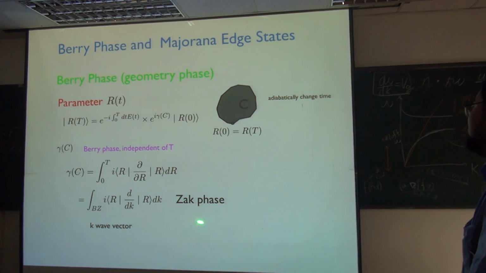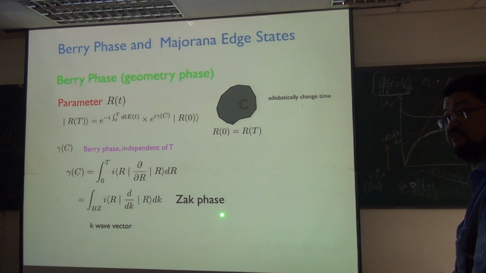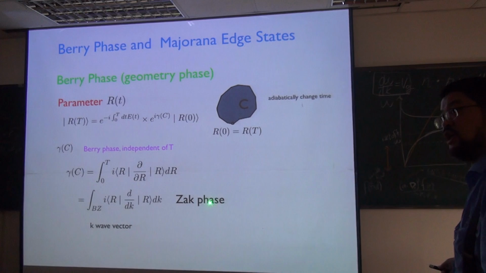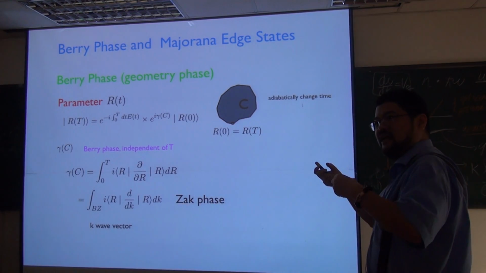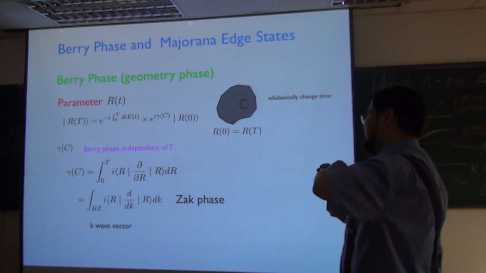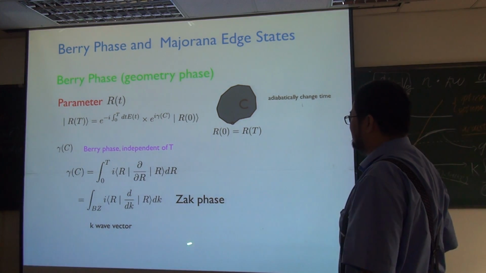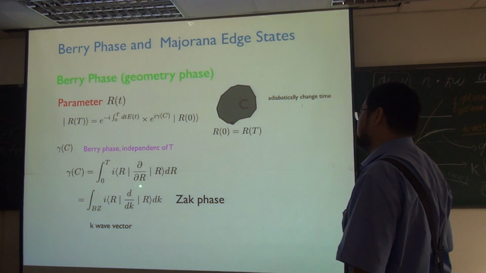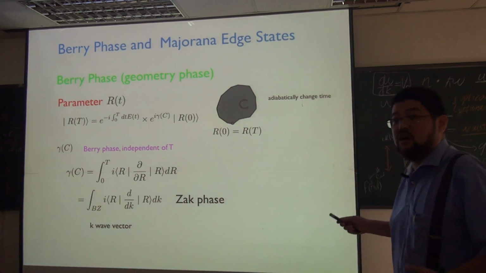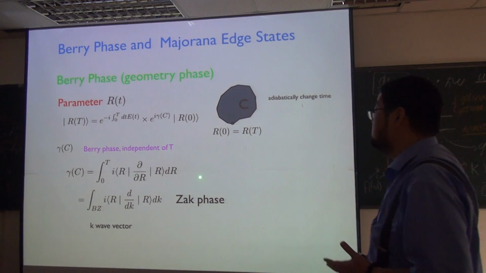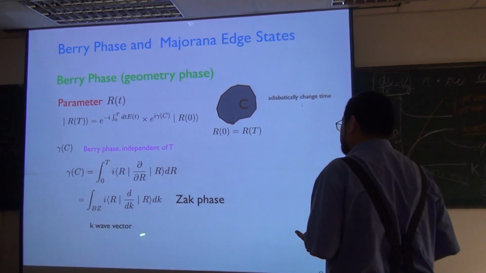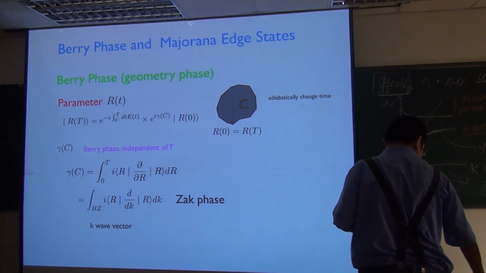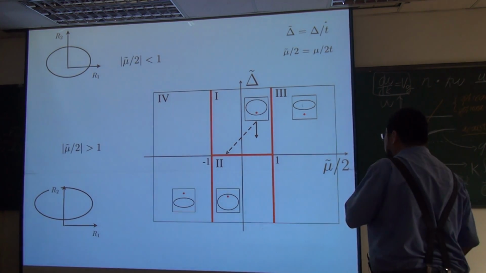You can even use a Berry phase definition where you only change the phase of theta. So it doesn't depend on the parameter form, it doesn't depend on phase. It's a very pure topological property, so it's very good for us to understand the topological system.